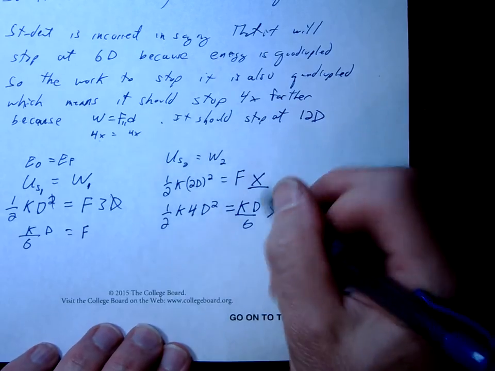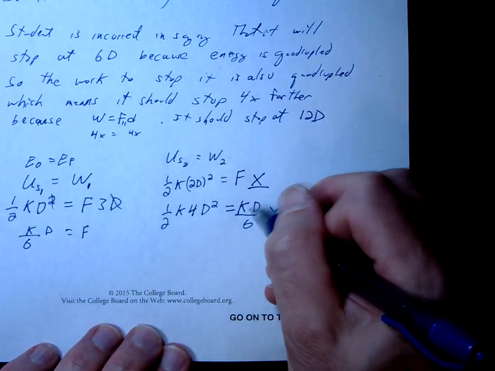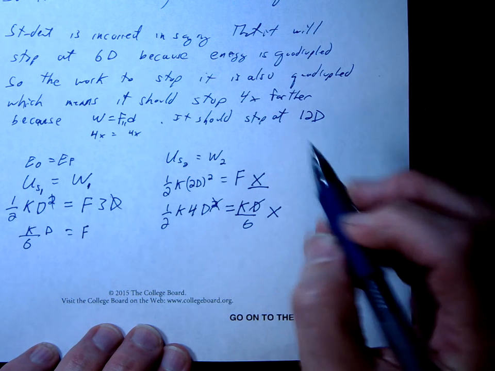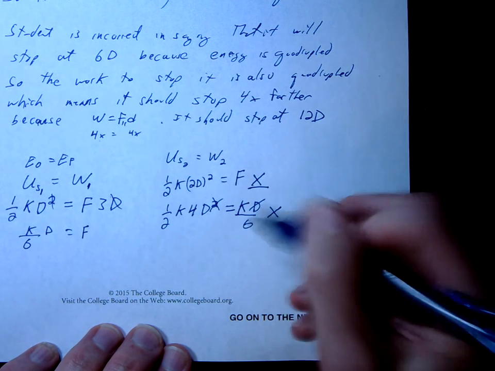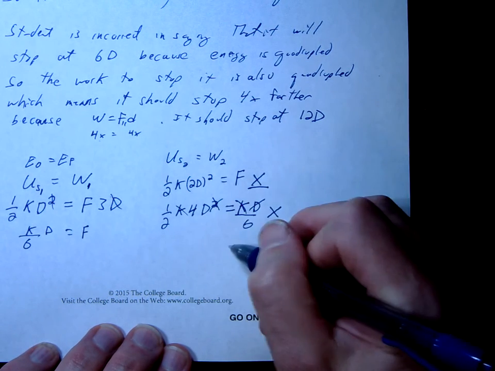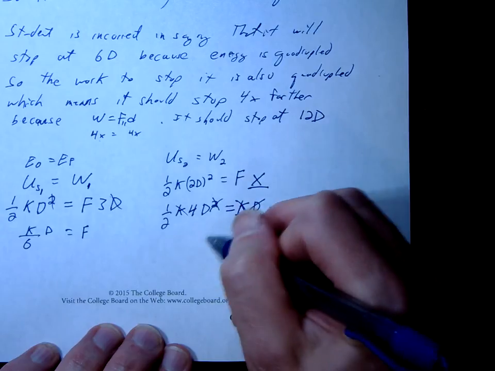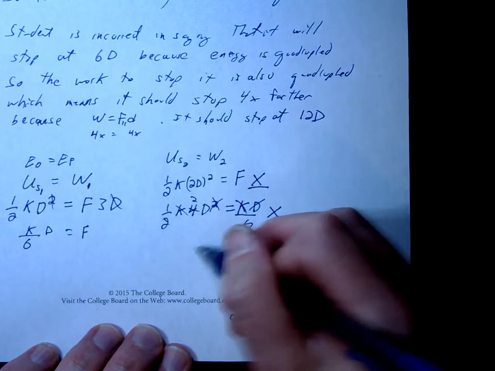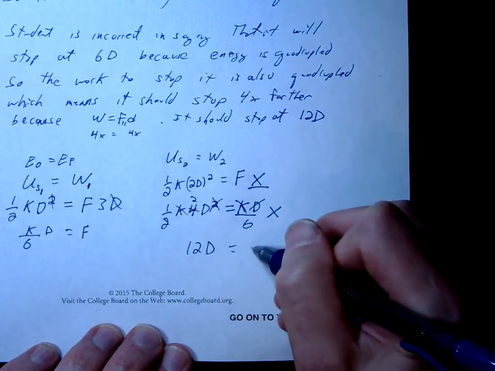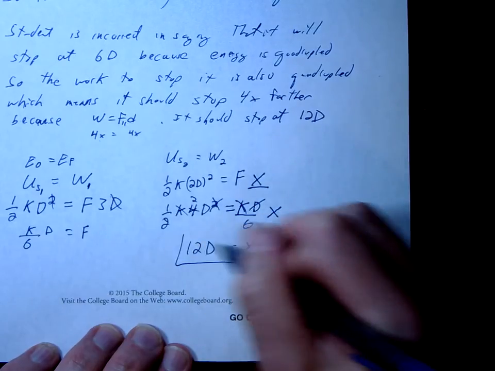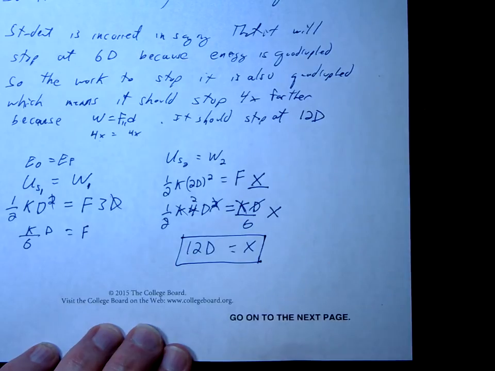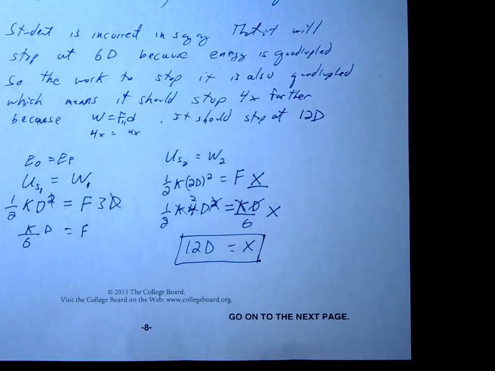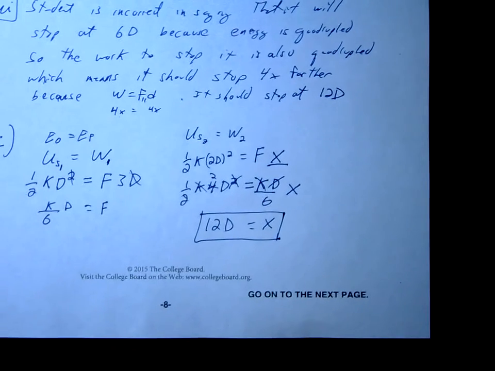So we can cancel out a d, cancel out a k, right? And that gives us, this will be 2 multiplied by 6, right? So we got 12d equals x. Okay, so I guess that's a nice little mathematical proof for distance.